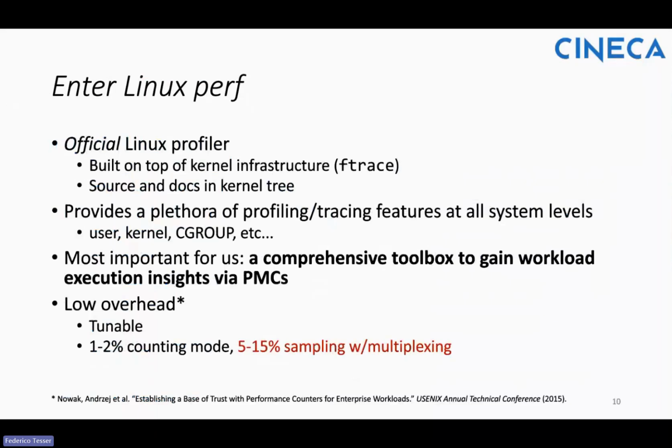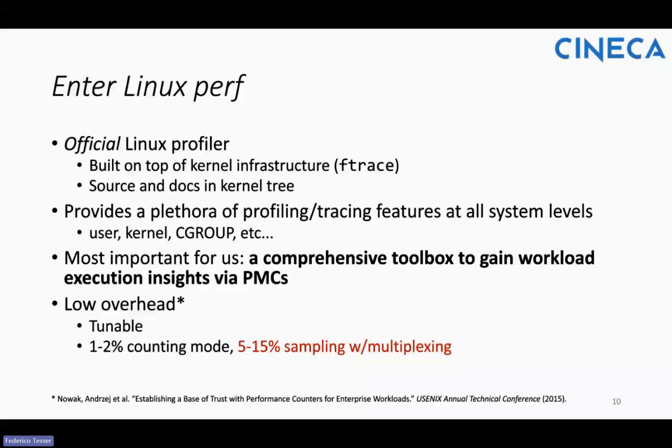So we are starting to understand that it's not such an easy task to check how your underlying system is performing while running your application. But luckily, there are some software tools that can help us, and Linux Perf is one of them. It is the official Linux profiler, and is built on top of ftrace.